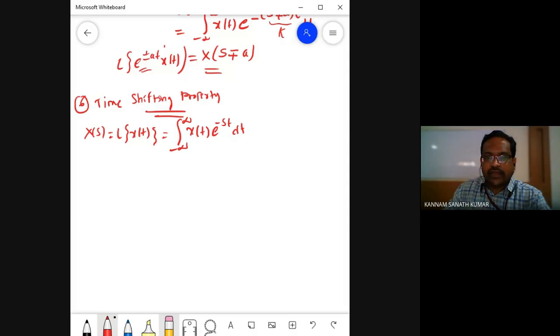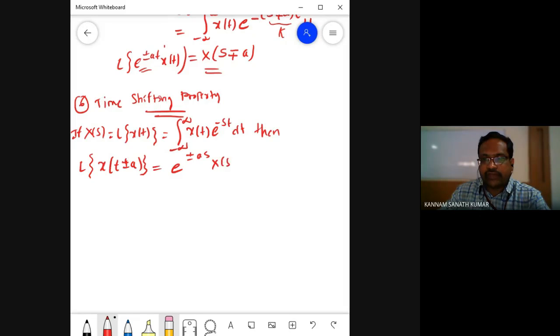Now the Laplace transform of the signal shifted in the time domain, that is x of t plus or minus a, equals e power plus or minus as into X of s.